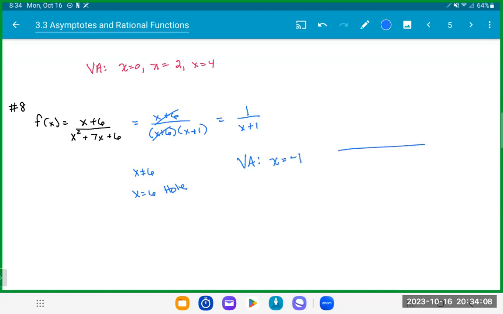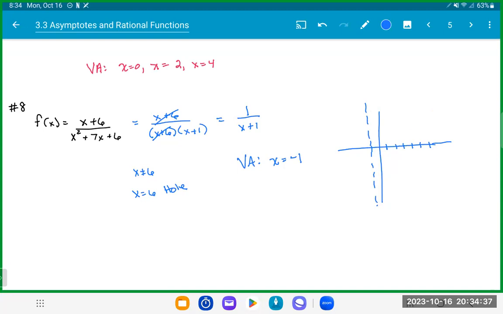So if I looked at this and if I had a graph, right? So here's 1, 2, 3, 4, 5, 6, and -1. Let's just say that I had a point here, or at -1, I'm going to have this vertical asymptote here. I'm not going to have a vertical asymptote at 6. Rather, wherever the graph is, I might just have a hole.